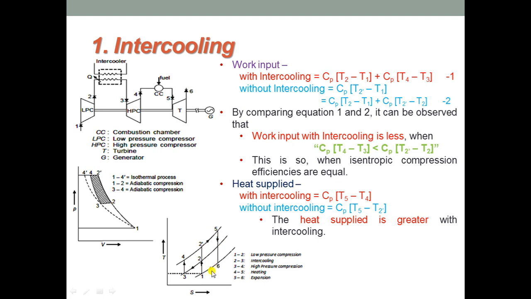When compared, the area without intercooling is 1, 2 dash, 5 and 6. So, the area is more with intercooling when compared to the area without intercooling. That means the net work output is more. As the net work output is more, the efficiency of the cycle is increased, and this is how we increase the thermal efficiency of the gas turbine cycle with intercooling.